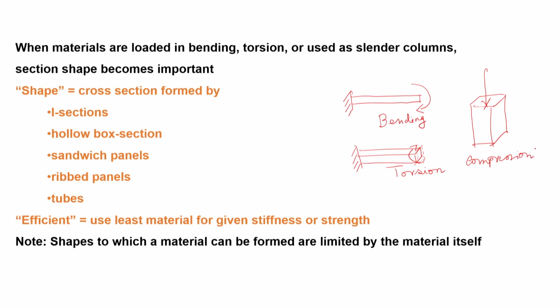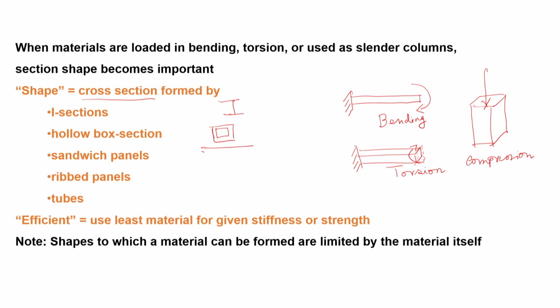Actually, you will see very soon that wherever the area moment of inertia plays an important role, the shape automatically becomes important. Now, when I talk about shape, what I mean is the cross section, and there are various possibilities of a cross section, like I can have an I section, a hollow box section which would look something like this, or a sandwich panel.